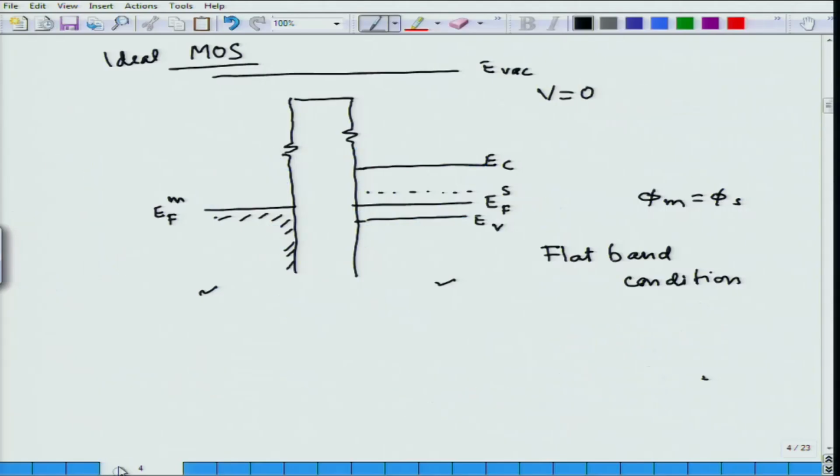So, if I look at the same curves, I would like to go back to my earlier slide. In this particular case, if I plot now for you what is the charge distribution inside this ideal MOS capacitor. So, I am plotting now charge distribution.